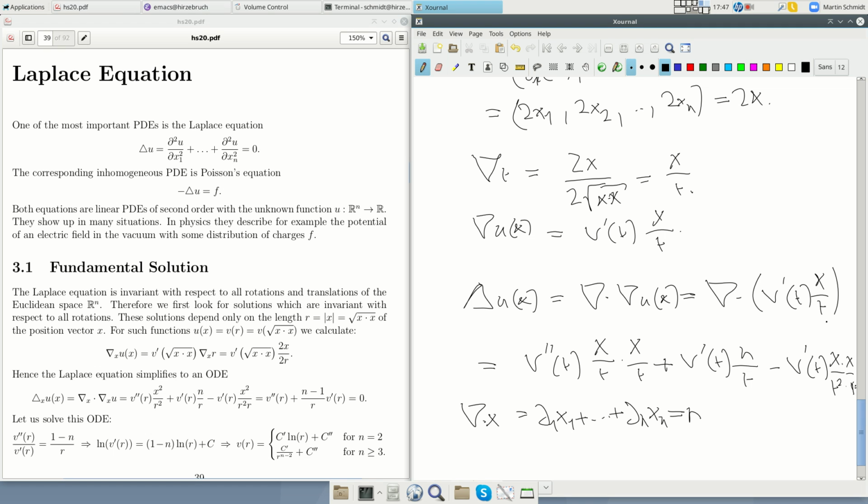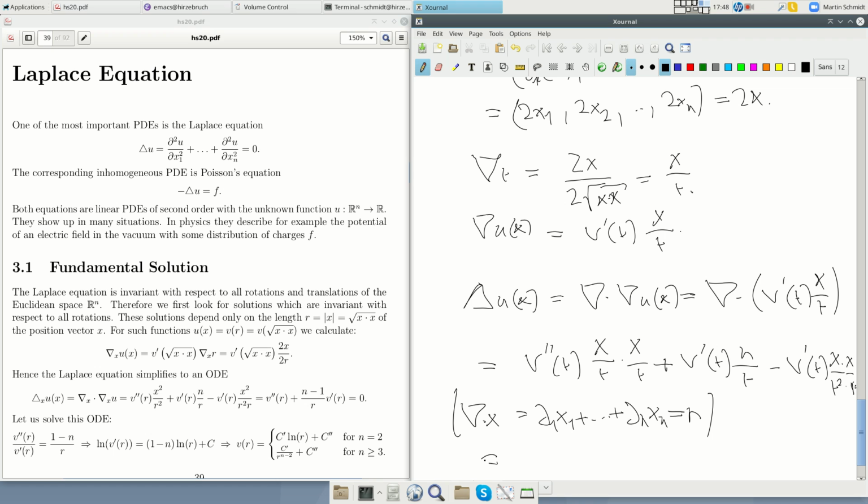Since when we take the derivative with respect to r, we have to multiply by the inner derivative. So we get this all together.